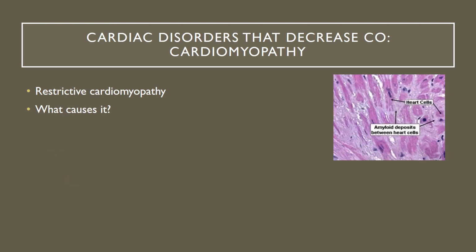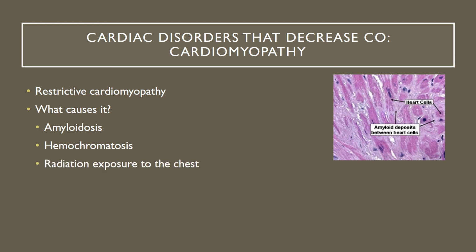So what causes restrictive cardiomyopathy? This can be caused by amyloidosis, and what amyloidosis is, we get protein deposits in the myocardium, affecting contraction and function of the myocardium. Hemochromatosis is going to be iron in the cardiac tissue specifically.